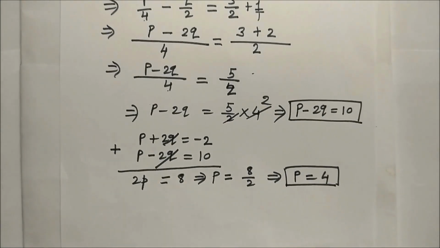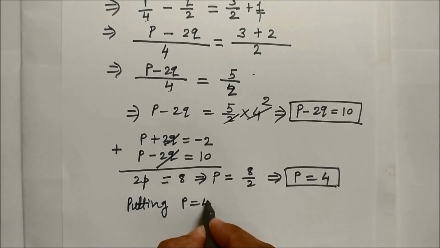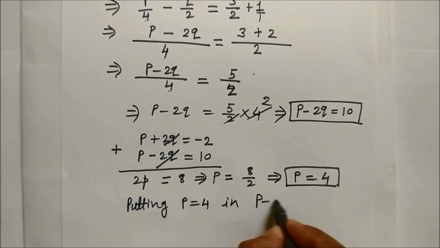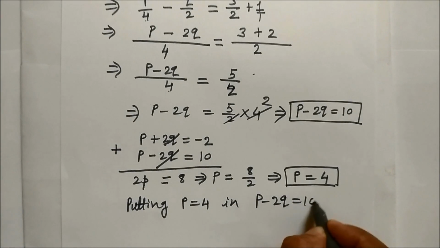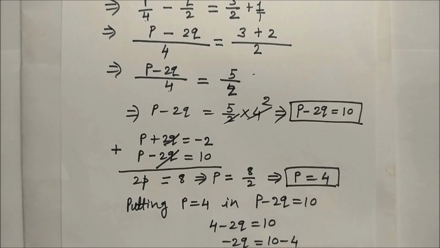Now after that p is equal to 4 we will replace in any equation. So I am putting here p is equal to 4 in p minus 2q is equal to 10. So in place of p we will write here 4. 4 minus 2q is equal to 10. Minus 2q is equal to 10 minus 4.